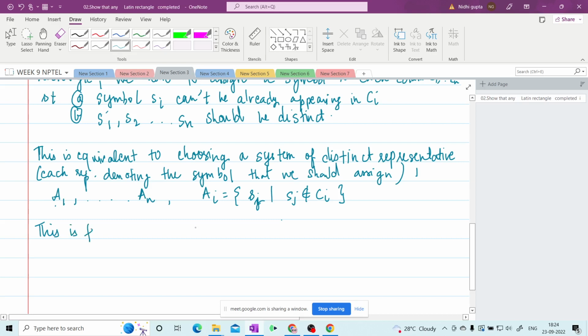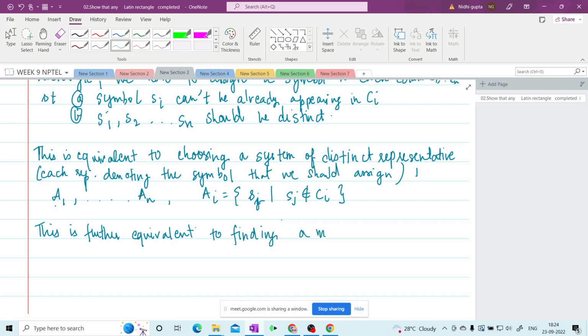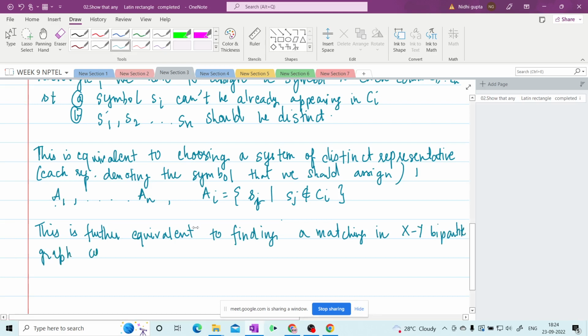This is further equivalent to finding a matching in an X, Y bipartite graph covering X, where X is the set of columns, since we have to find a symbol for each column.